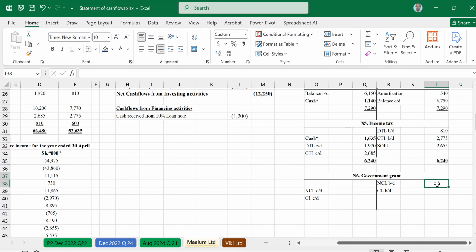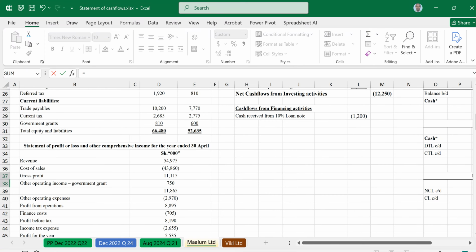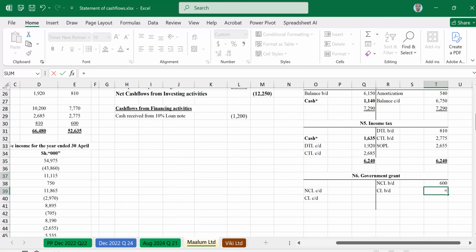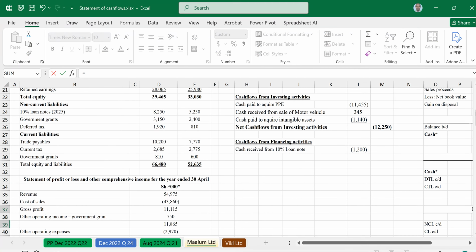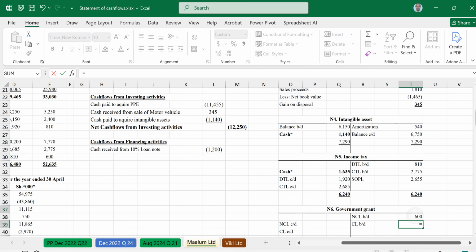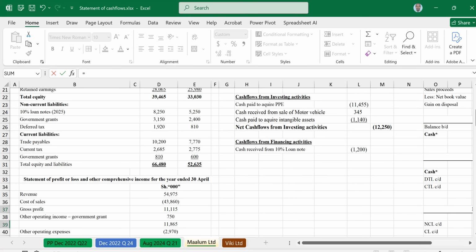Now, government grant, non-current liability brought down. Government grant is 600. Then current liability brought down. I believe I used the current liability one, so I'll change. Non-current liability is 2,400.